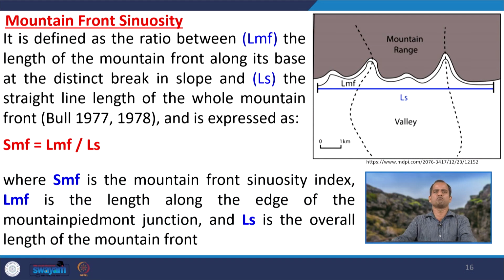Then another is the mountain front sinuosity. We have heard about river sinuosity. Mountain front sinuosity means how the mountain and the plain are interacting.